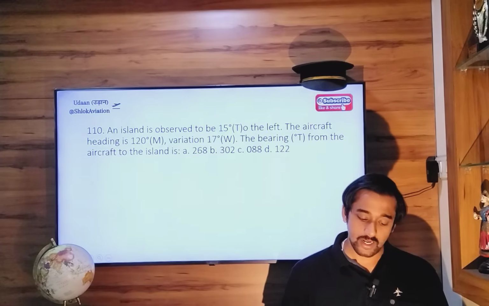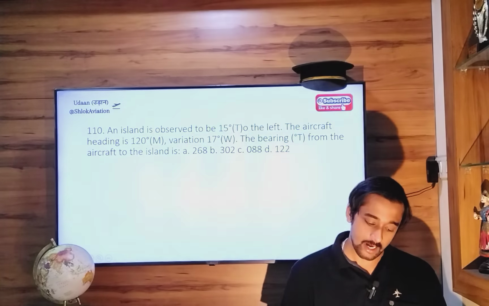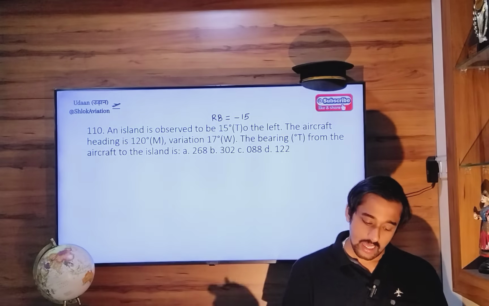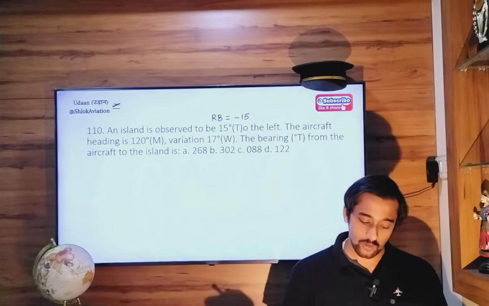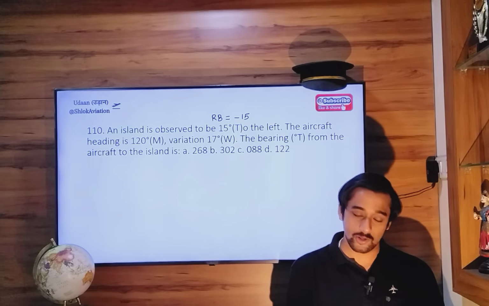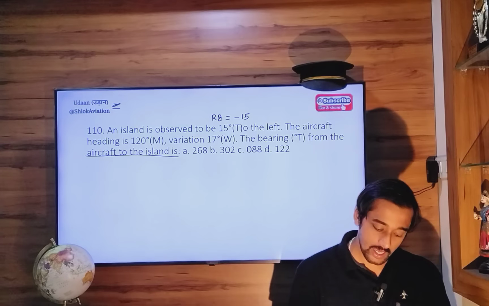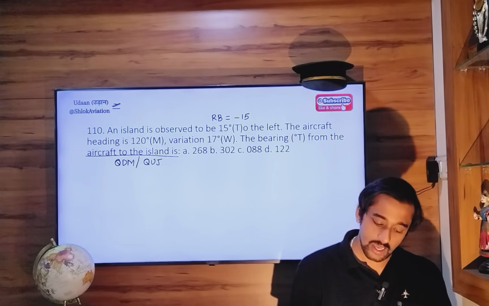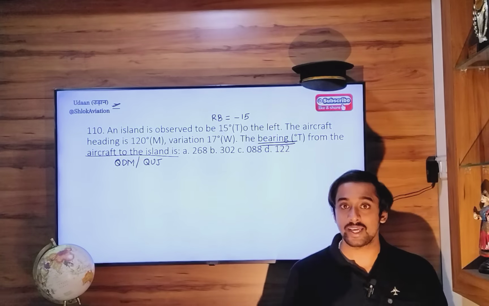Island is observed 15 degrees to your left. That means relative bearing is minus 15. Aircraft heading is 120 magnetic. Variation is given. What is the bearing from the aircraft to the island? From the aircraft to the island means you have to find QDM or QUJ. Here they have asked for true bearing, so you have to find QUJ.